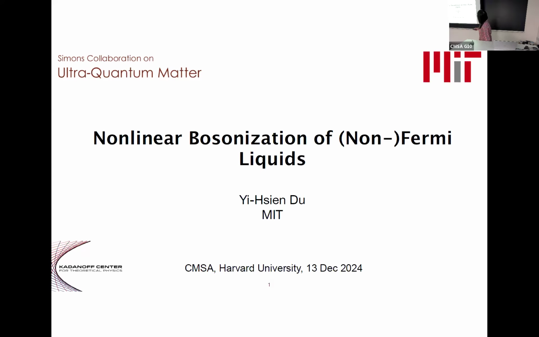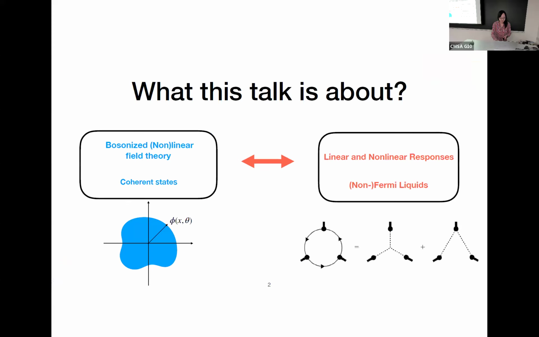Today I'm going to tell you about the work we have done on nonlinear bosonization of Fermi and non-Fermi liquid. Firstly, I would like to tell you what this talk is about and why this subject is so exciting.